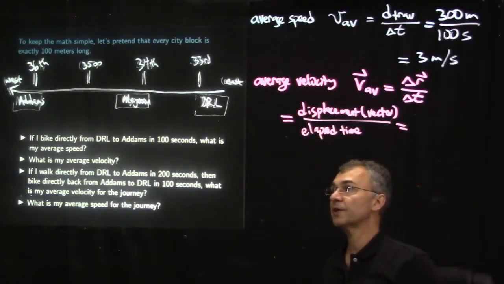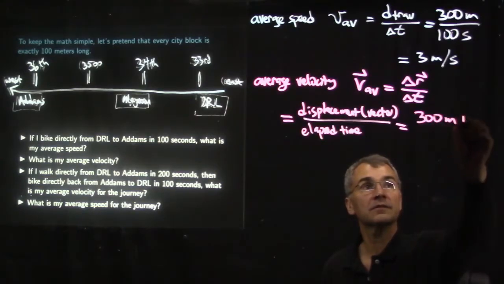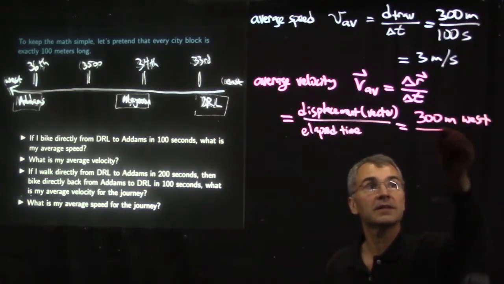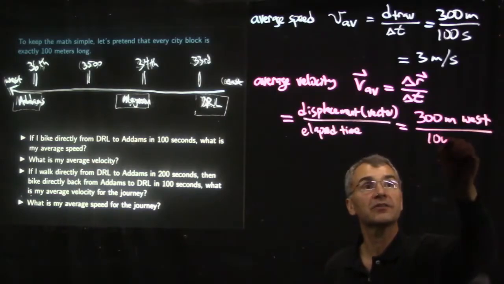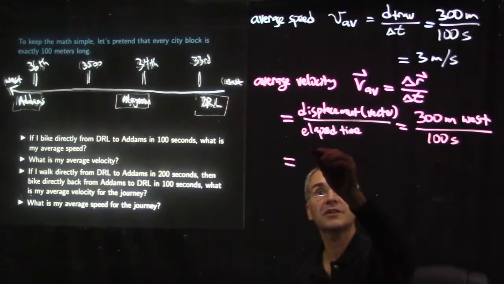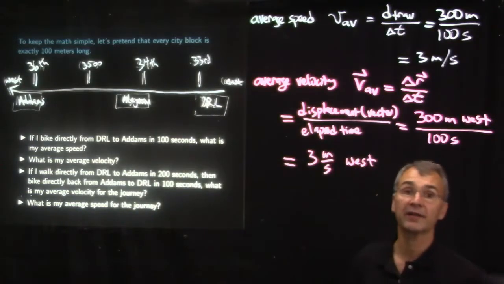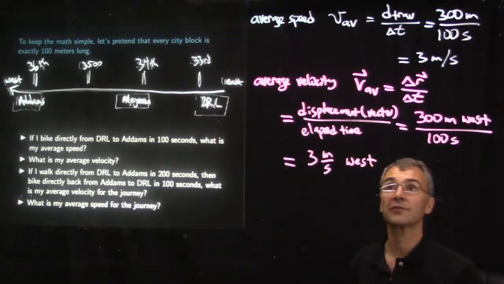My displacement when I go from DRL to Addams is 300 meters west, and the time is 100 seconds. So in that case, my average velocity is 3 meters per second west. And that is a vector. It has a magnitude and a direction.